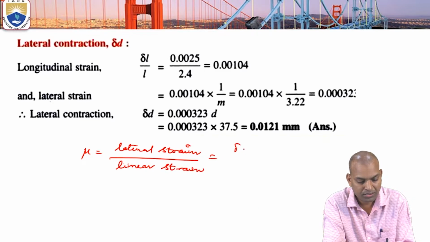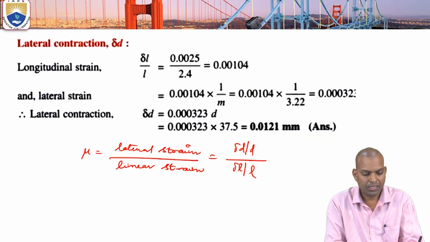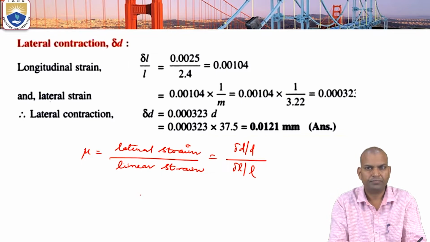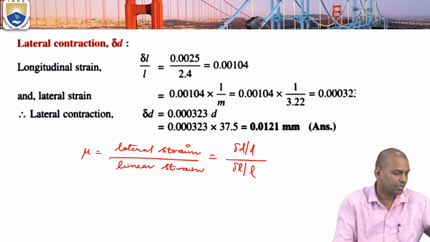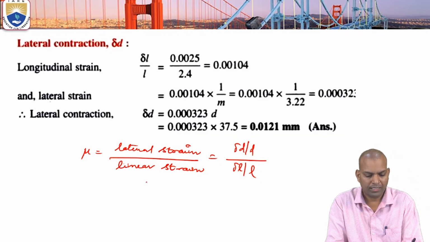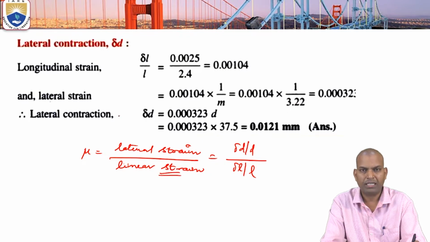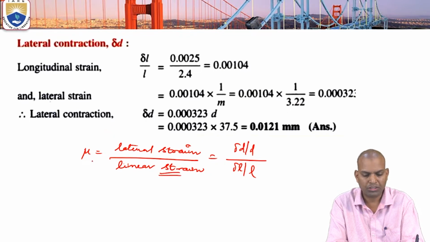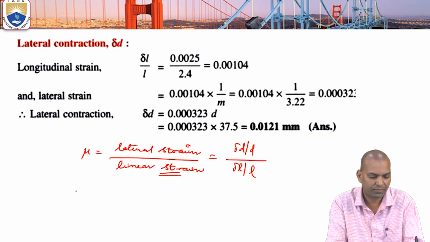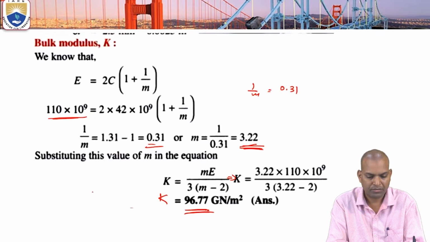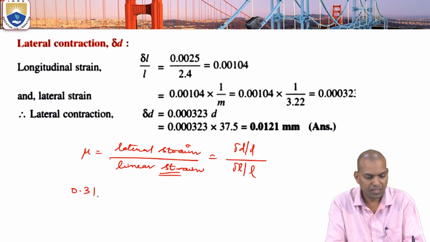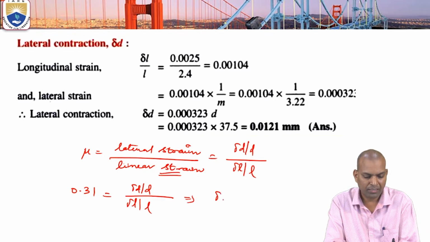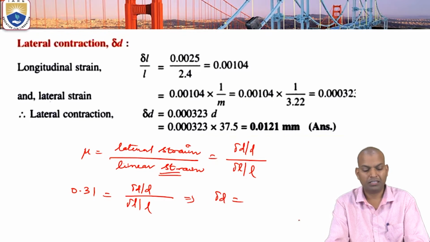This lateral strain is delta D by D. Linear or longitudinal strain is delta L by L. We know the Poisson's ratio, that is 1 by m or mu, that is 0.31. So 0.31 equals lateral strain delta D by D over delta L by L. From this we have to calculate delta D, that is the lateral contraction.